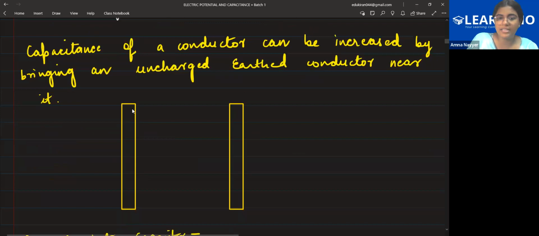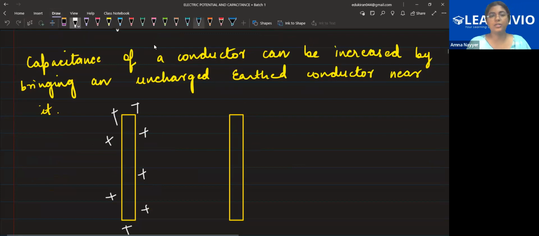Suppose I have this, which is positively charged. The first thing I should do is put them on an insulating stand. This is an insulating stand.